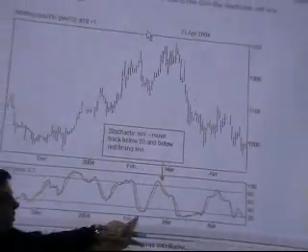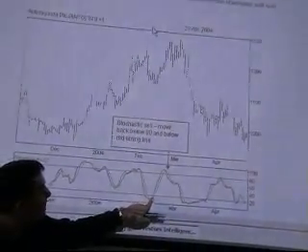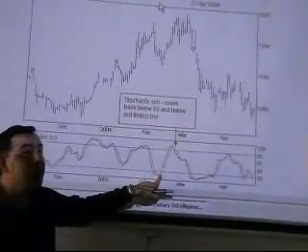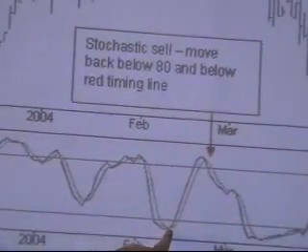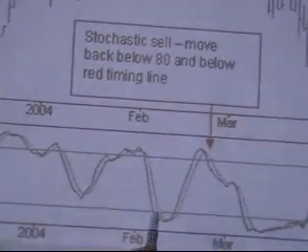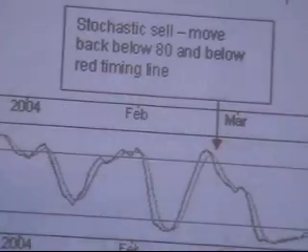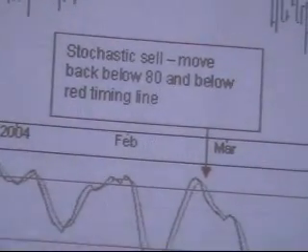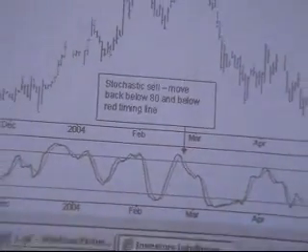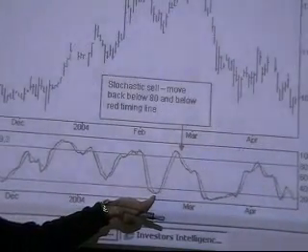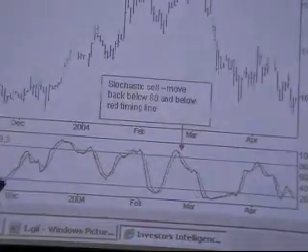By the same token, over here at this point, you see the black thick line moving above the red line. In this case, you have a stochastic buy over here. You can look into many others, but this is a good example. So when you get into the overbought or oversold condition, and the two curves change their positions, then you have a stochastic buy or a stochastic sell.